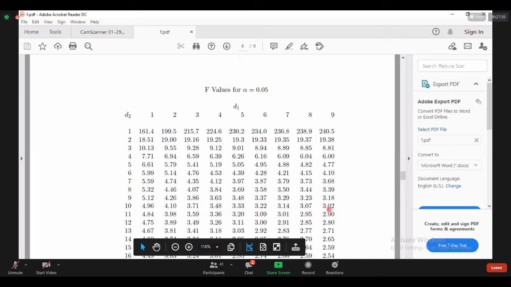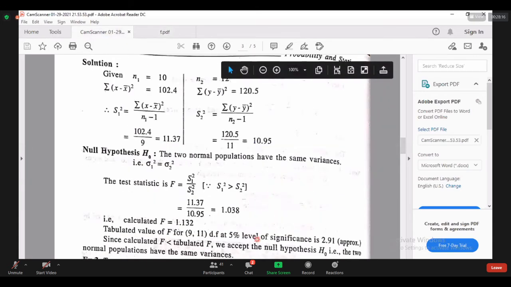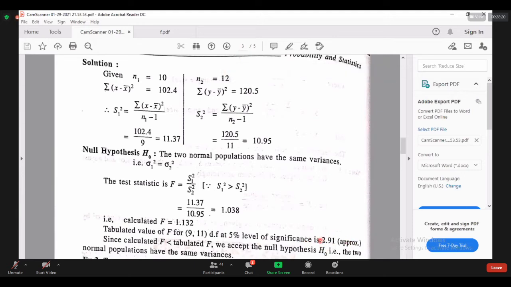The corresponding value is 2.90. All of you see here. 5% level of significance for degrees of freedom 9 comma 11 is 2.90. There is the table value.